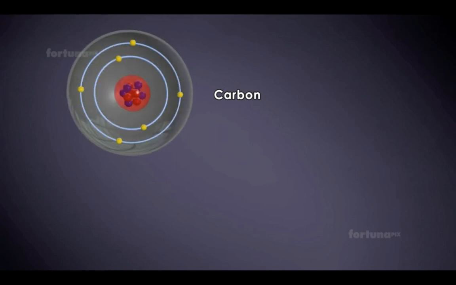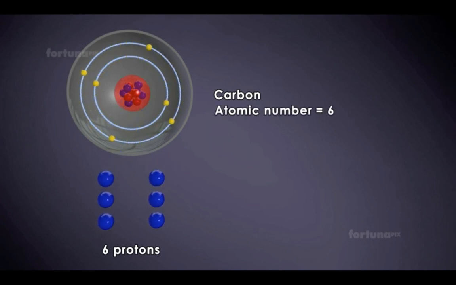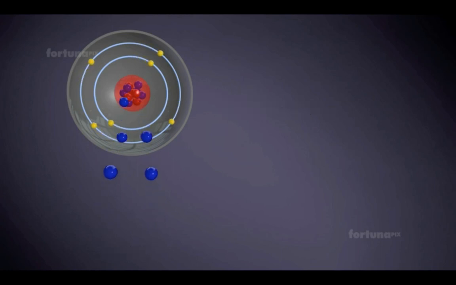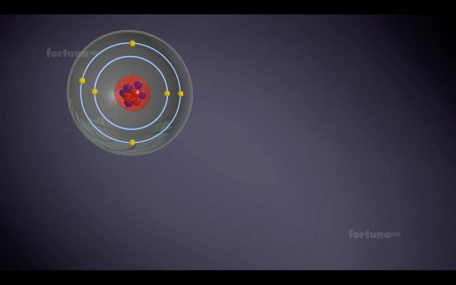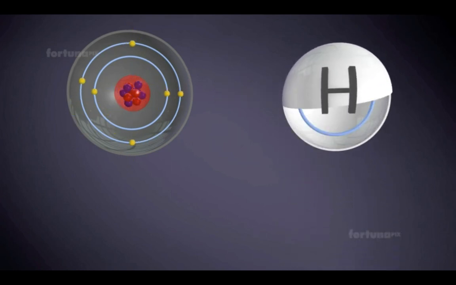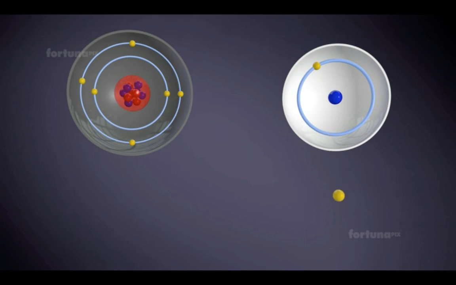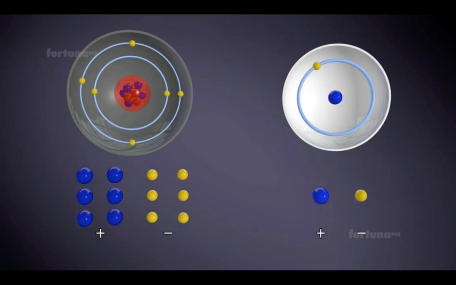Its nucleus will contain 6 protons, meaning carbon's atomic number is 6. Interestingly, in any atom, the number of protons and electrons will always be the same. In our example, a hydrogen atom will have 1 electron, and a carbon atom will have 6 electrons. Because the positively charged protons are balanced by equal numbers of negatively charged electrons, atoms are electrically neutral.